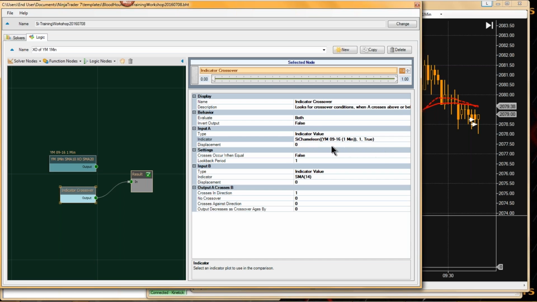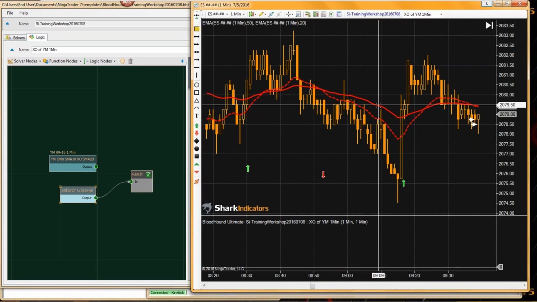I don't know exactly what happens, but things kind of stall, and the data is just missing. Basically Chameleon and BloodHound still have to go do their thing, and so on this ES chart, internally there's no YM data ready, so you just get this absence of data.